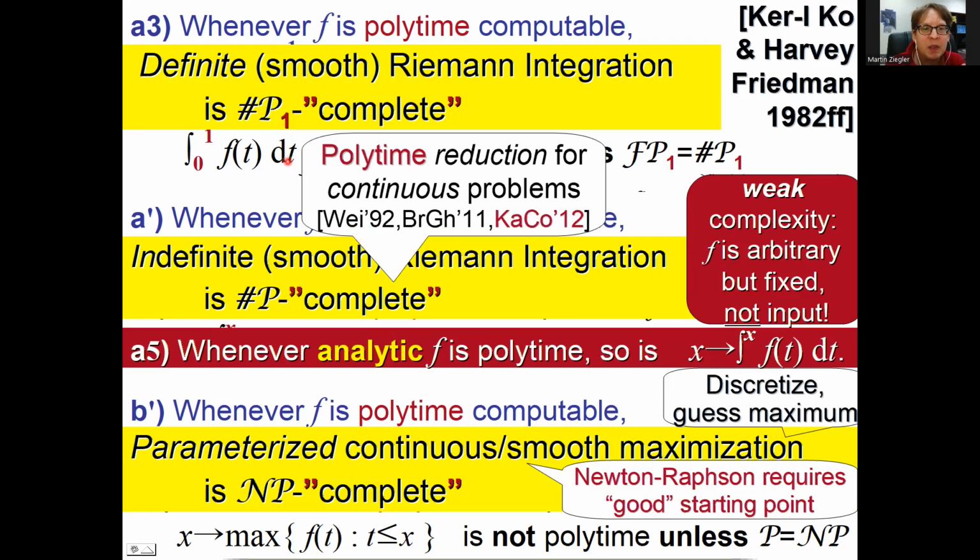I do mention that these quotes, the completeness and reduction, can be made formal. Both computable reductions and polynomial-time computable reductions among the continuous problems have been defined and studied first by Ko in 1992.